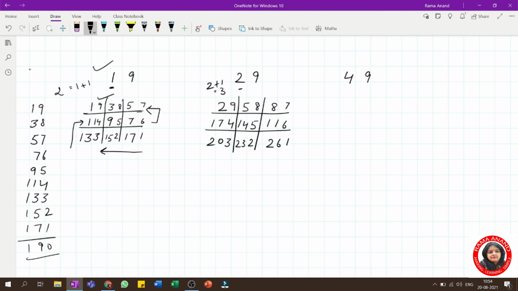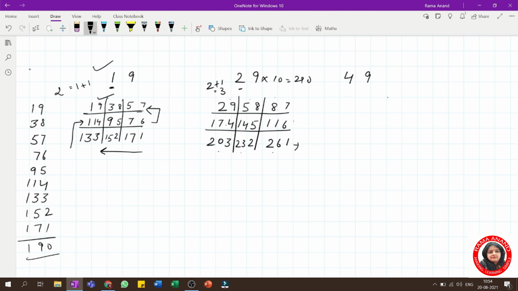So in this way you can generate a table, and the last will always be 290, 29 into 10 will be 290. So you have to write like this: 1, 2, 3, 4, 5, 6, 7, 8, 9. In this way you can generate a table of any number where the unit place is 9.